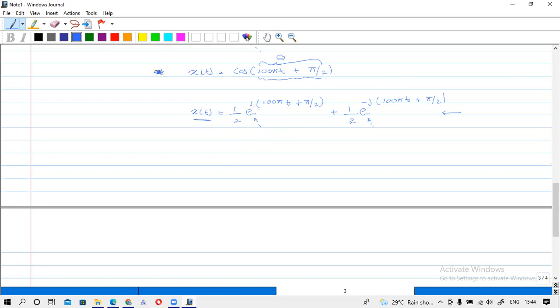You can see that this is j105t plus j5 by 2, so here is a plus.